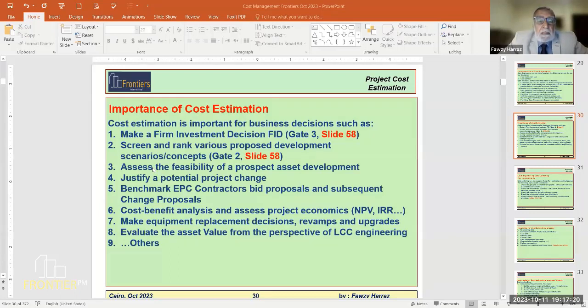Okay, this slide says importance of cost estimation. Importance of cost estimation to whom? To myself as a professional estimator or to the company management? Actually, there are two views.